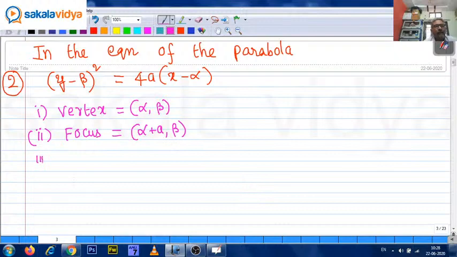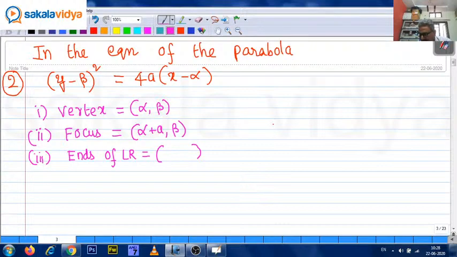Third one, ends of latus rectum. In this chapter I use LR. LR stands for latus rectum. So now tell me, what are the ends of the latus rectum of y square is equal to 4ax? That is a comma plus or minus 2a. Am I correct? So what do you write here?